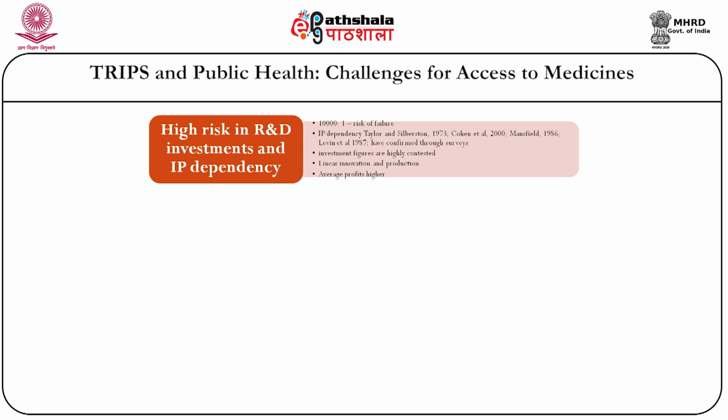However, this may be different in case of software industry where innovation is both sequential and complementary. The average profits in pharmaceutical industry are much higher than the average profits in other industries. This has been confirmed by various magazines like the Forbes and others who have rated pharmaceutical industries as among the top profit making industries in the world.